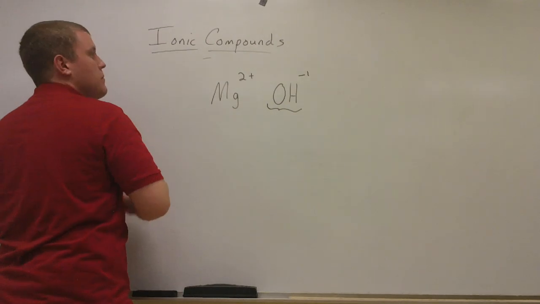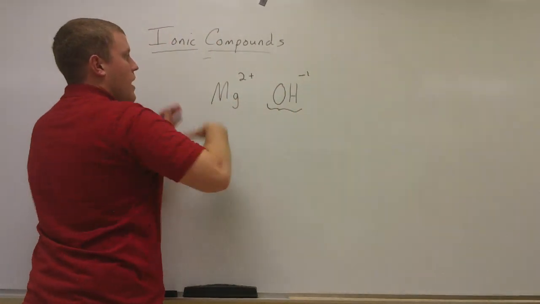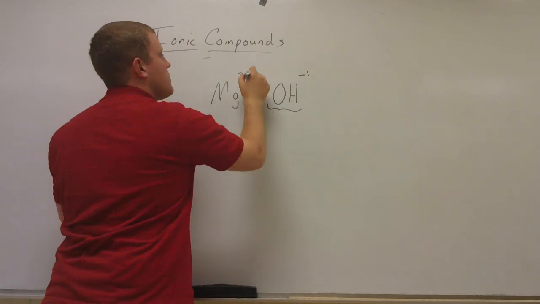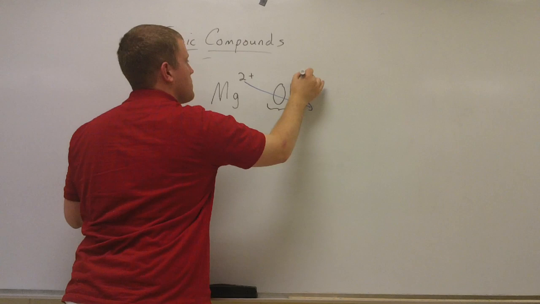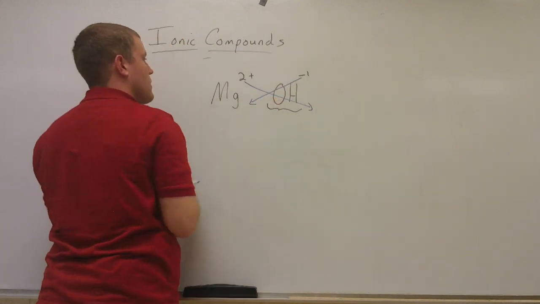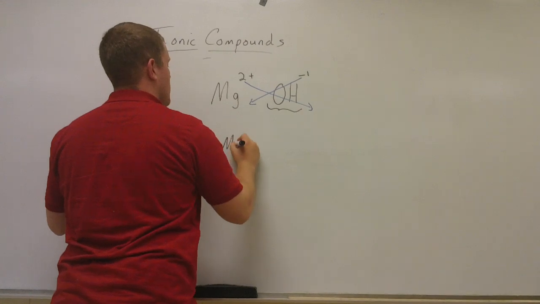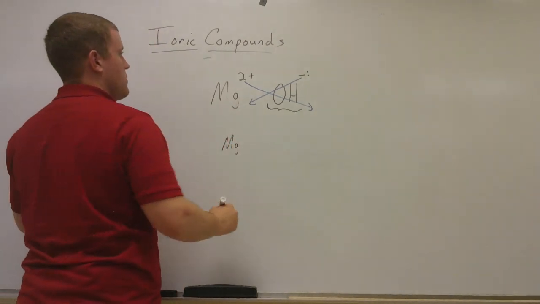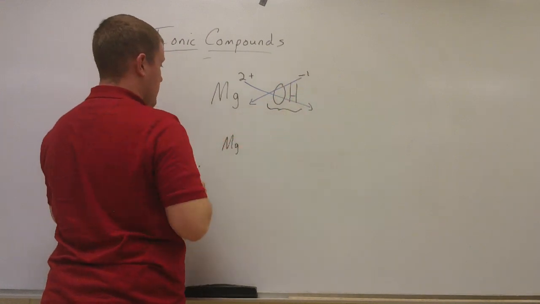Now let's do that same crisscross. How many hydroxides do you need to balance how many magnesiums? I'd write this new formula as Mg1(OH)2. Now, if it's just a 1, you don't need to put anything.